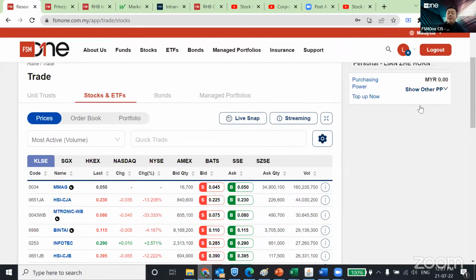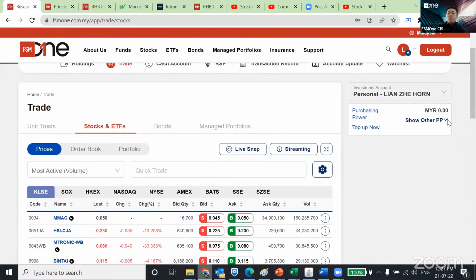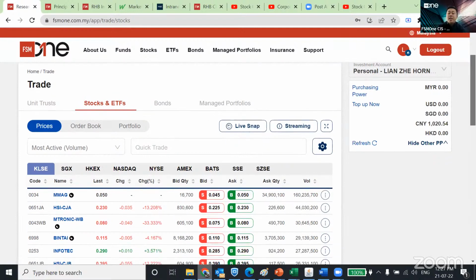From the right-hand side panel, you are able to check your PP, your purchasing power. So this is my purchasing power. I can use this amount, 1,000 plus CNY, to buy any China A stock.